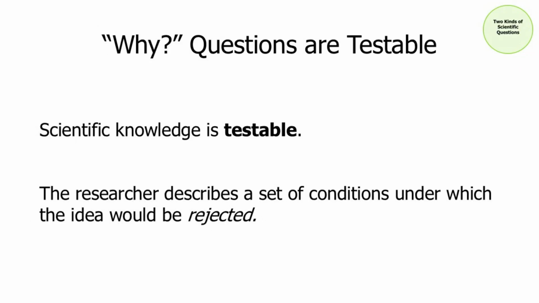And of course, to reiterate the themes of this chapter, scientific knowledge is testable. The researcher describes a set of conditions under which the idea would be rejected. You probably have heard about the falsifiability principle before, and here it is again.